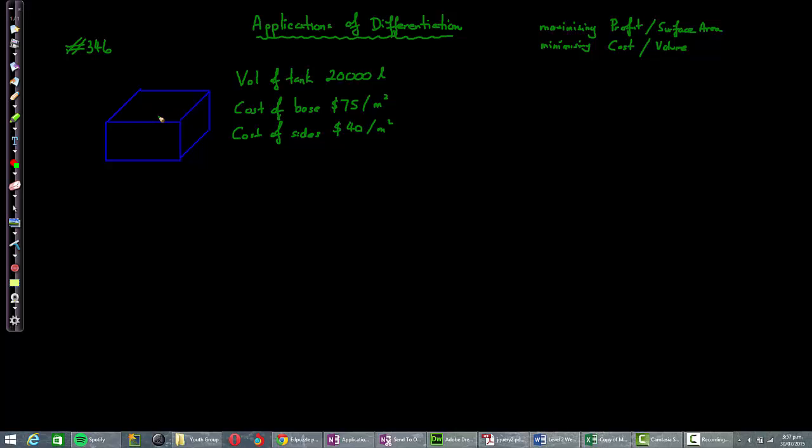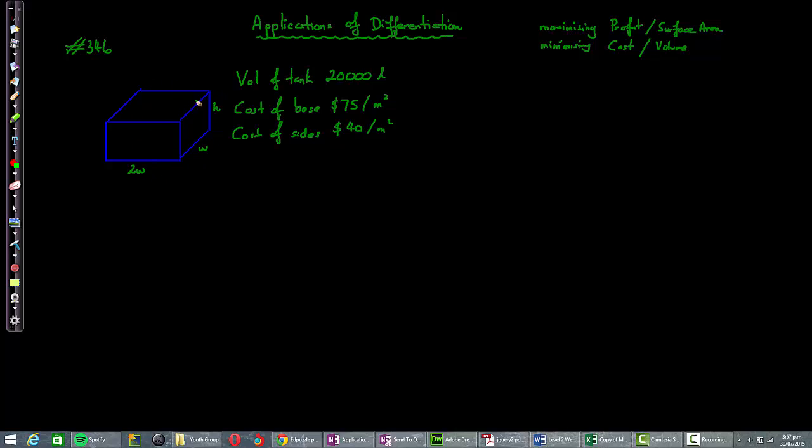The length of its base, we're told, is twice the width. If you look at your workbook, they've actually given some labels here to help you. If they didn't, we'd have to do that ourselves. So we might call this the width here, and so the length is twice the width, so that would be 2W, and the container has a certain height.